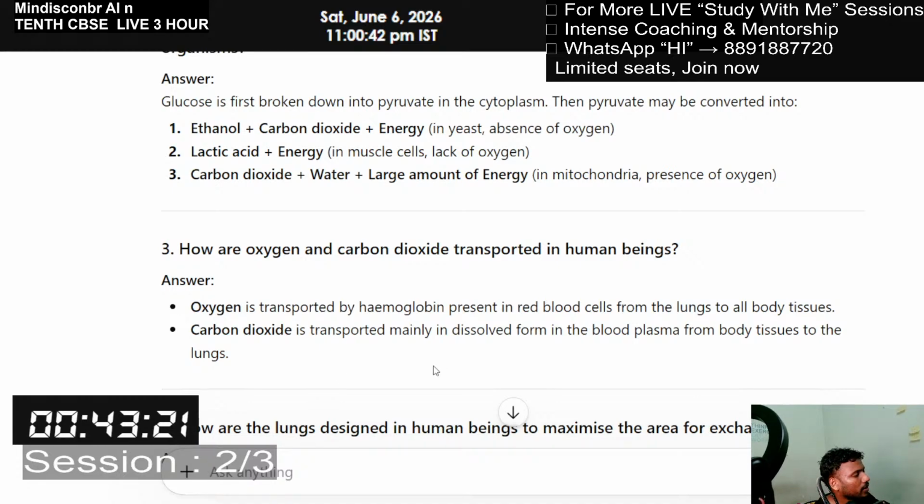Oxygen is transported in the bloodstream with the help of a pigment, hemoglobin, that is present in RBC. Oxygen is transmitted by the hemoglobin present in RBC from the lungs to the body tissues, whereas carbon dioxide is transported mainly in dissolved form in the blood plasma from body tissues to the lungs.